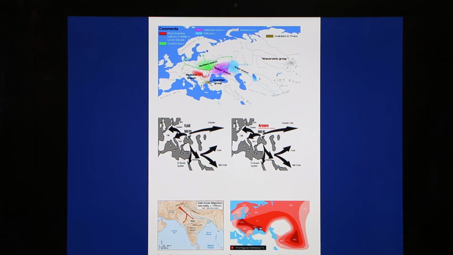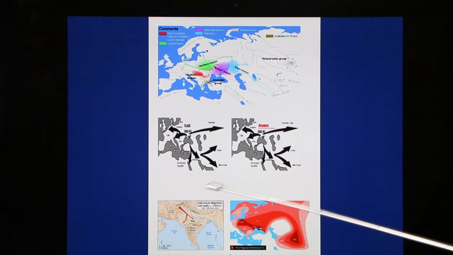And then very interesting, there's a group called the Afanasyevo group here in Siberia. And there is some kind of movement going this way, so from west to east.